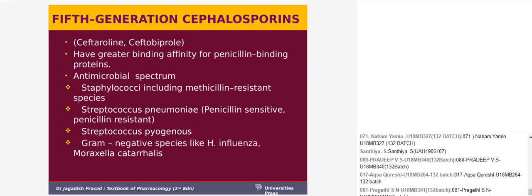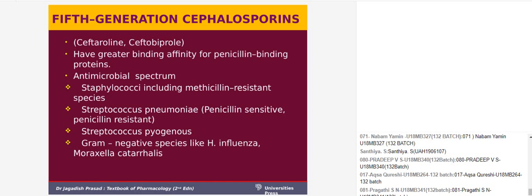Like Haemophilus influenzae and Moraxella catarrhalis, all these have shown synergistic activity against gram-negative organisms in combination with aminoglycoside. So this can be combined with aminoglycoside.